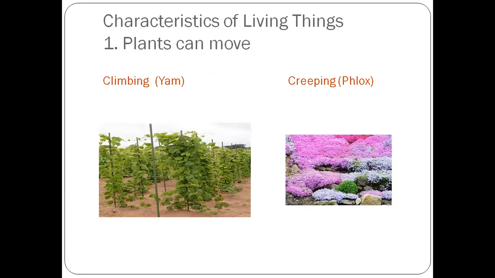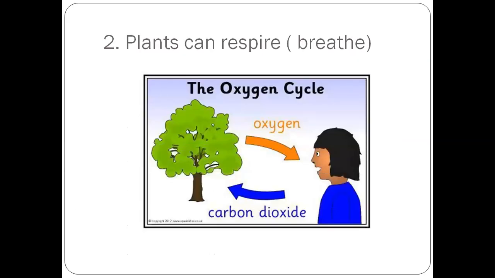Here we have a yam plant, and it's a climbing plant. So living things move, but plants move by climbing or creeping, okay? This is an example of a creeping phlox. So plants move by climbing or creeping.